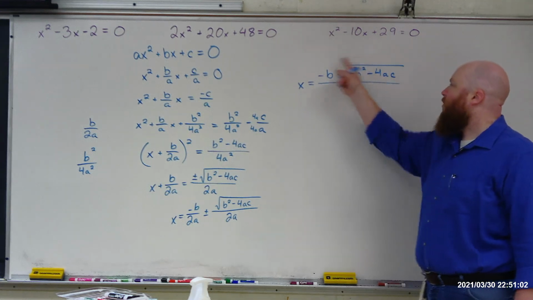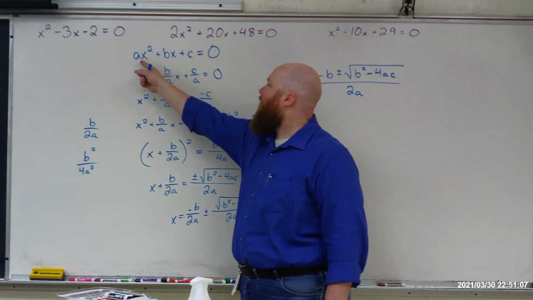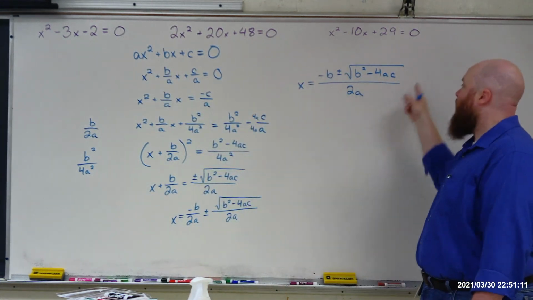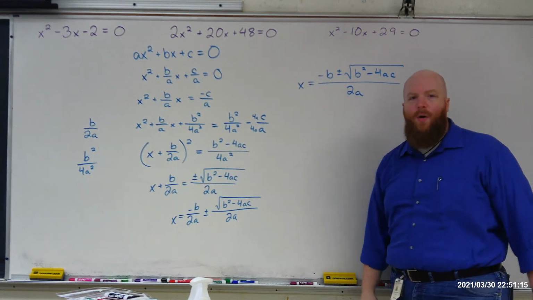And I can take this formula here, plug in whatever values I had for those three coefficients, plug them in for a, b, and c in this formula, simplify the formula, and it solves the equation for me.